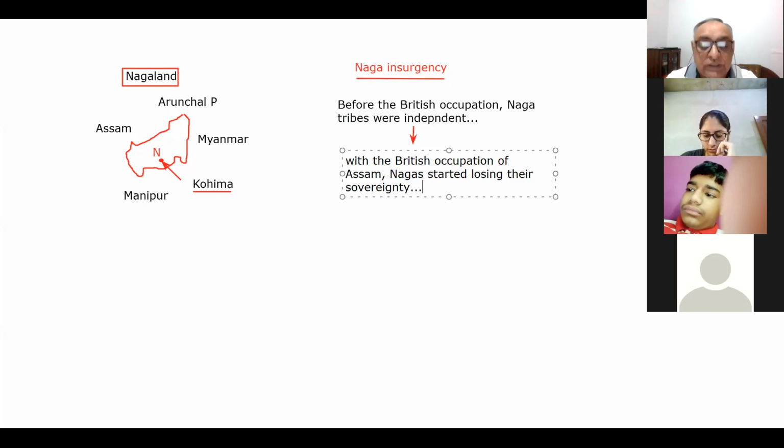Nagas started losing their sovereignty. So they felt that they were losing their sovereignty, right?